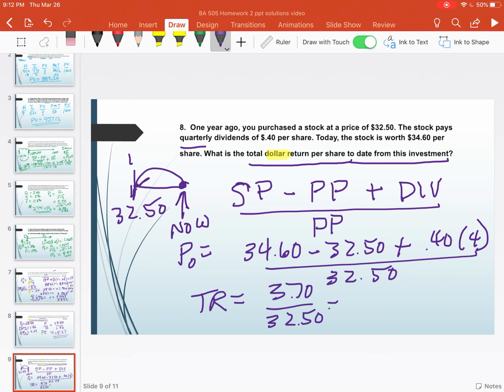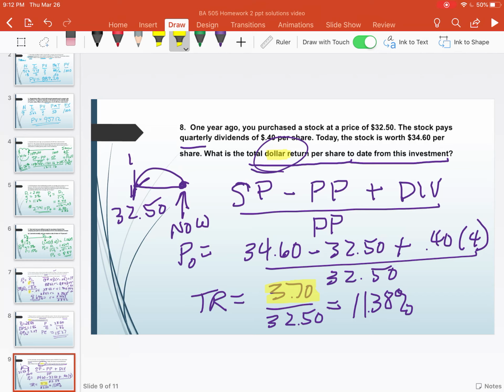So that's our total return, equal to 11.38%. But we're wanting the total dollar return. So the total dollar return is just this number here, $3.70. That's the total dollar return once you look at the selling price minus the purchase price plus the dividends that were paid during the holding period.